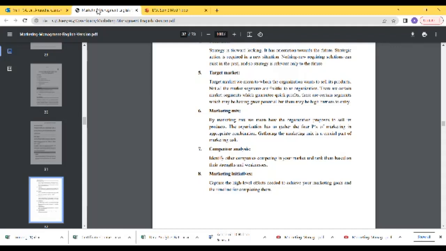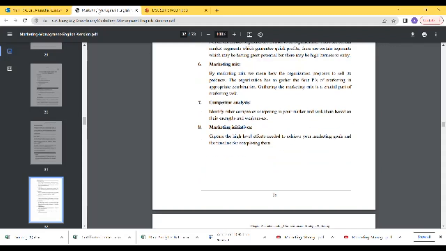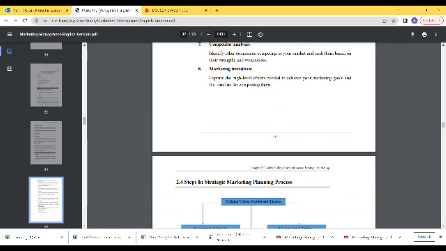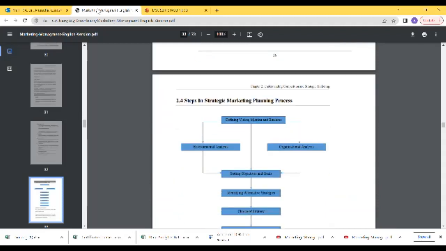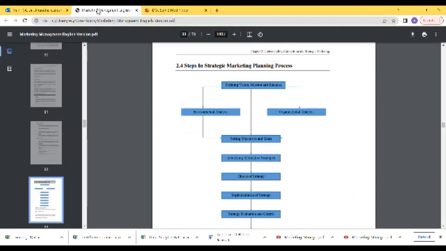So marketing initiatives are high-level efforts taken by the organization to meet the marketing goals. Now, this is a long-drawn process. There are many steps involved in the strategic marketing planning process. So it starts with the top-level management being very clear about its vision, mission, and the purpose of business.